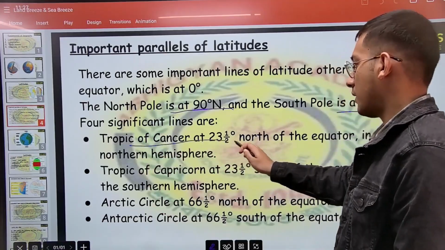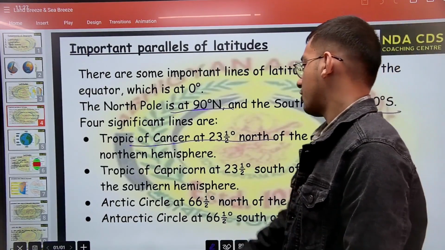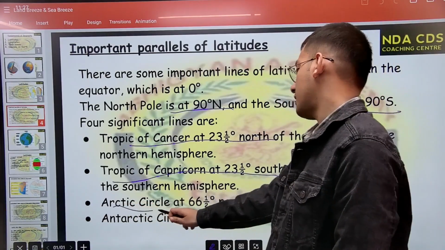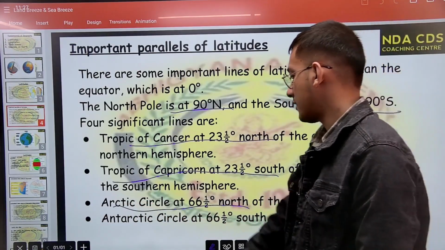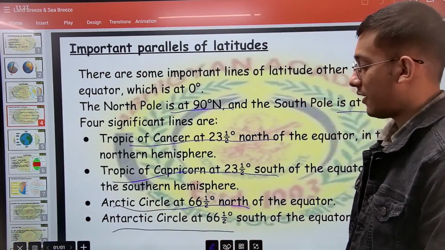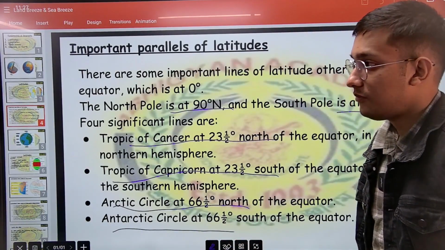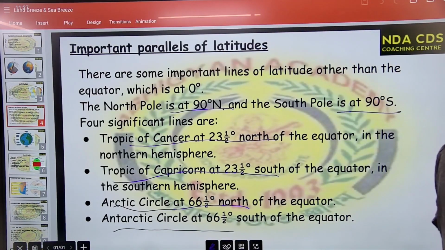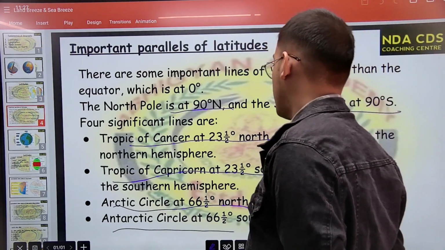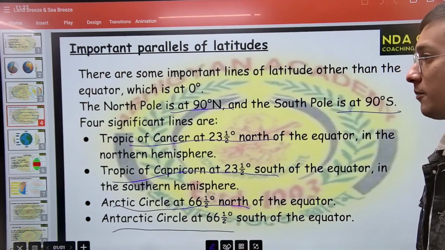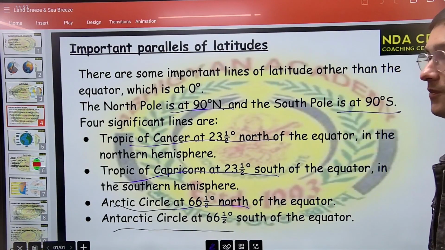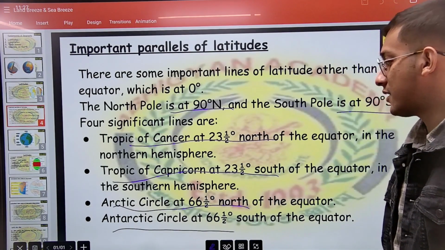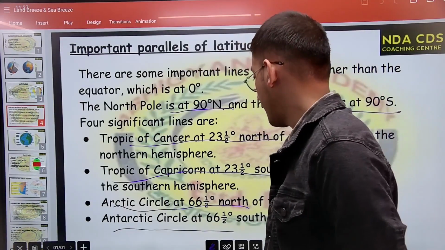Tropic of Cancer is at 23.5 north, Tropic of Capricorn at 23.5 south, the Arctic Circle at 66.5 degrees north, and lastly the Antarctic Circle at 66.5 degrees south.